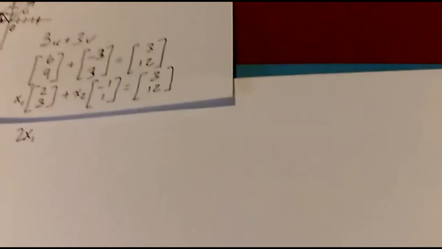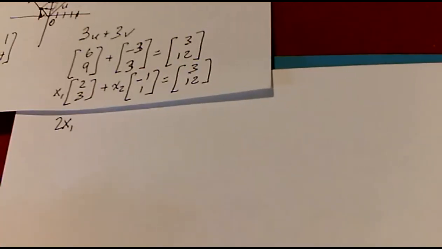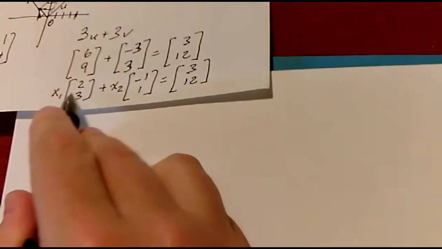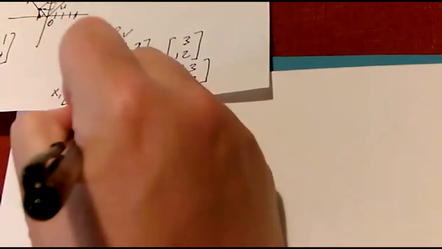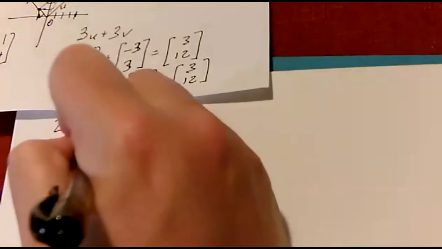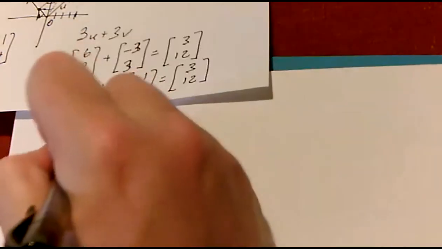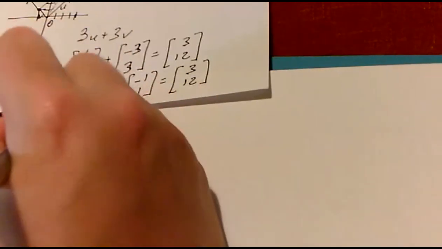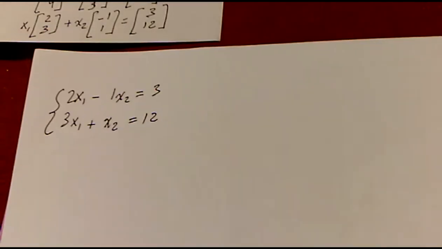Sorry, adjust the camera just a smidge. So I have 2 copies of x1. Down here I have 3 copies of x1 in the second equation. I have -1 copy of x2 in the top. On the bottom, I have just 1 copy of x2, so that's going to be plus instead of minus. This one is equal to 3, and this bottom one is equal to 12. So there I have a linear system.